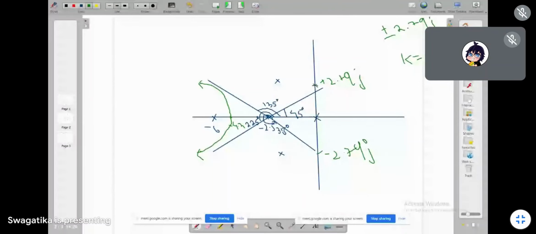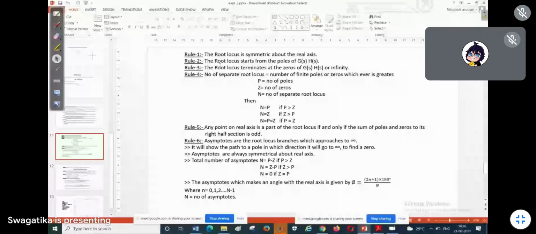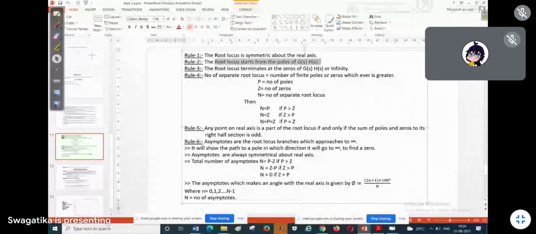What will be the starting point of the root locus? The root locus starts at the poles of GSHS, and it will terminate at the zeros of GSHS or infinity.